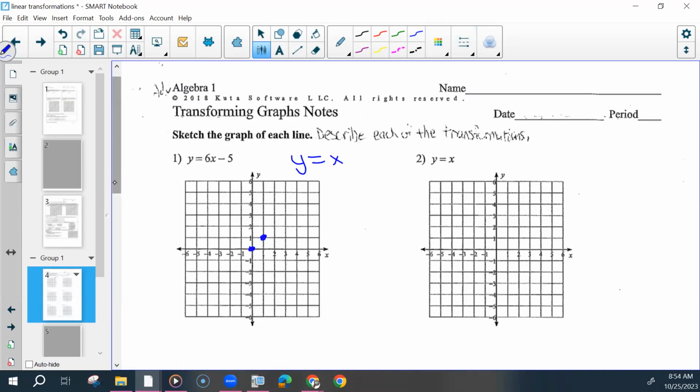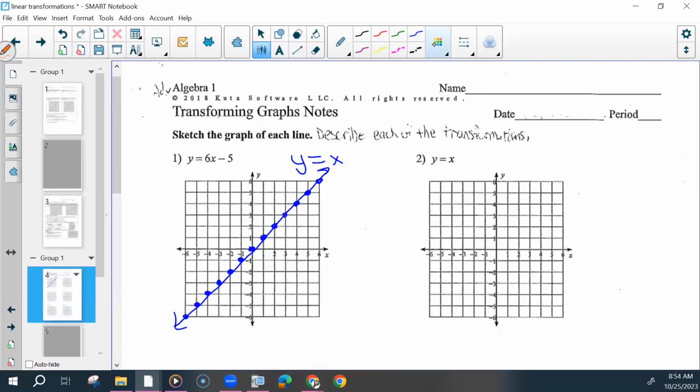Wait, this is the original one. Here. So again, you don't need to graph this, but if you would like to, you are welcome to.